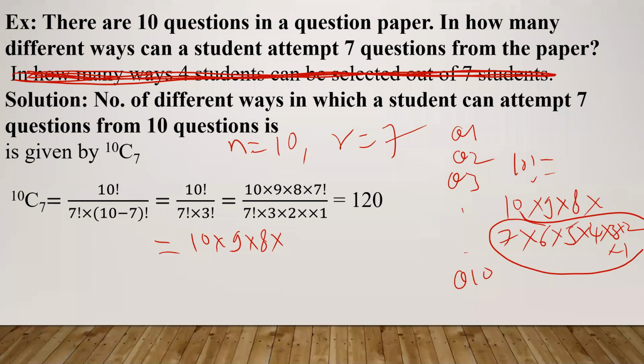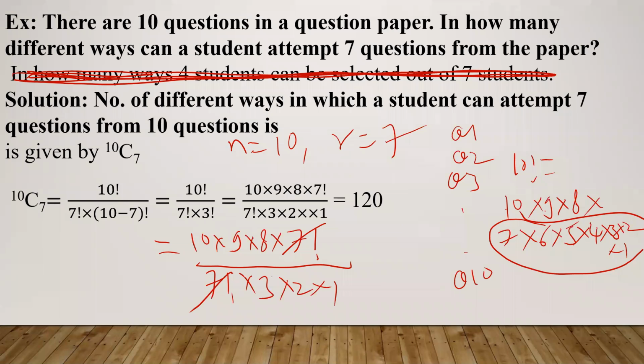This is 7 factorial. So I can write only 10 into 9 into 8 and the remaining part as 7 factorial. और नीचे 7 factorial is already there and 3 factorial I know it is 3 into 2 into 1. Now this 7 factorial and this 7 factorial will get cancelled.